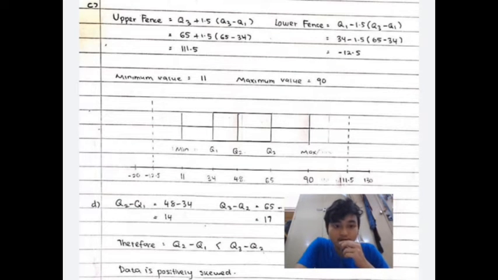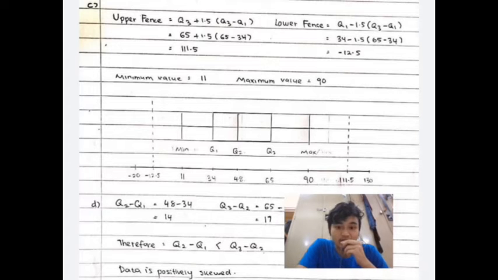For question 1C, first of all, we have to find the upper fence using the formula upper quartile plus 1.5 in bracket upper quartile minus lower quartile, which equals 65 plus 1.5 in bracket 65 minus 34. The final value for the upper fence is 111.5.